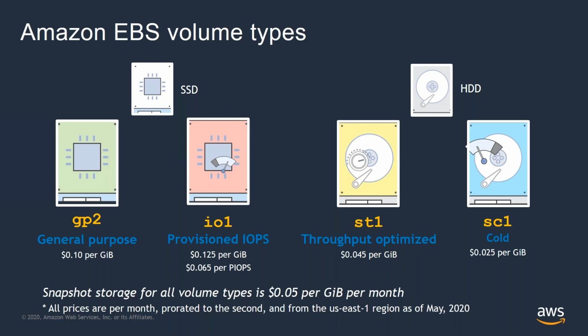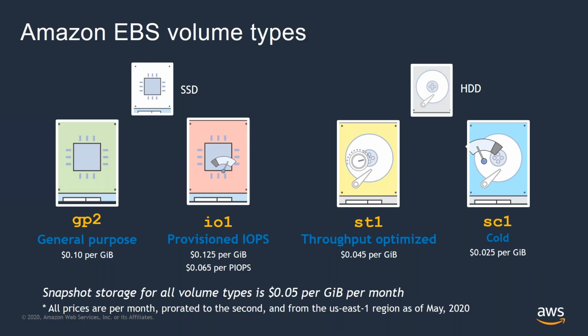Some companies will use GP2 for lower periods of demand and switch to IO1 during peak periods. If you have a really peak period or a heavy lifting workload, IO1 is recommended. ST1, which is standard disk, is spinning magnetic disk and good for targeting backups. If you want to take backups, customers typically use that.